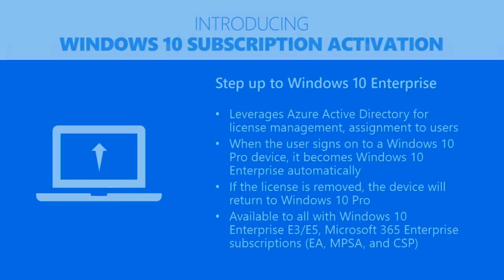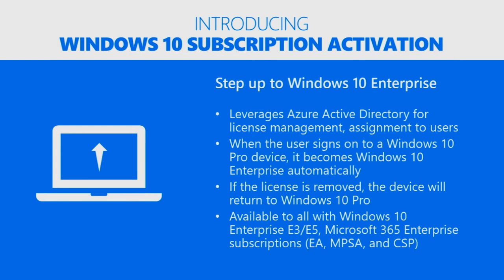So let's talk then about some supporting features. What do we need to make autopilot and some of these other scenarios work? One of them I already referred to a couple of times, Windows 10 subscription activation, is new with Windows 10 1703. It enables you to use Azure Active Directory for license management.